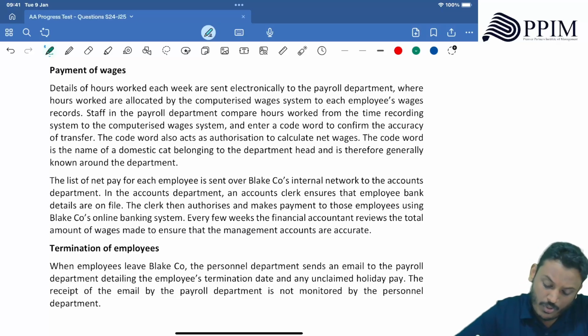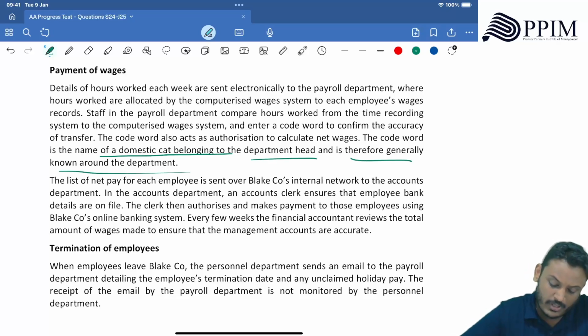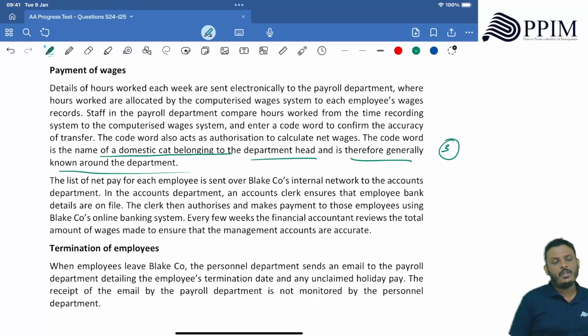The code word also acts as authorization to calculate net wage. The code word is the name of the department head's domestic cat, therefore generally known in the department. So the control is deficient.